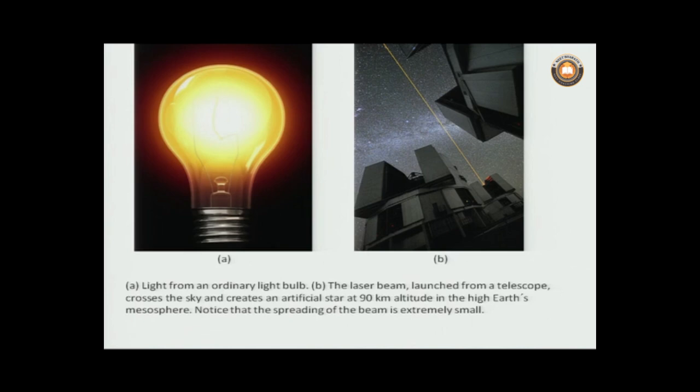On the other hand, the photograph on the right, which shows a laser beam launched from a telescope, is very directional. In this particular case, it crossed the sky and created an artificial star at a height of 90 kilometers in the high Earth's mesosphere. One can see that the spreading of the light beam is extremely small.